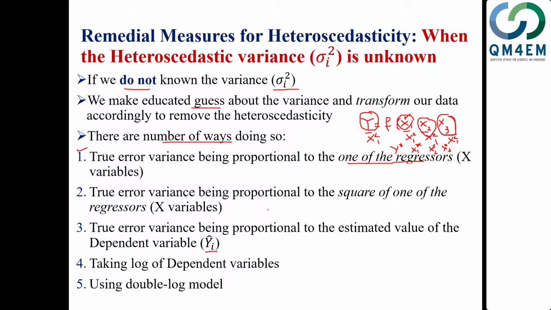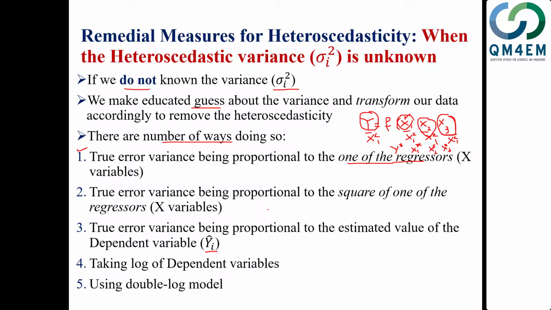In that case, we use the weighted least squares method, which is straightforward: you know the heteroscedastic variance, you take that variance, you divide each observation by the respective heteroscedastic variance and transform the original data to homoscedastic data, or homoscedastic variance.